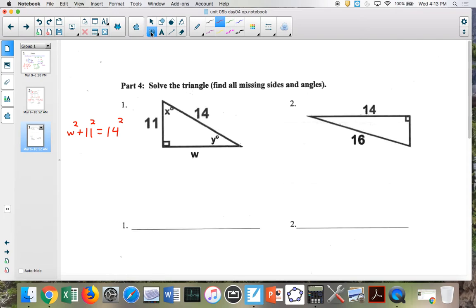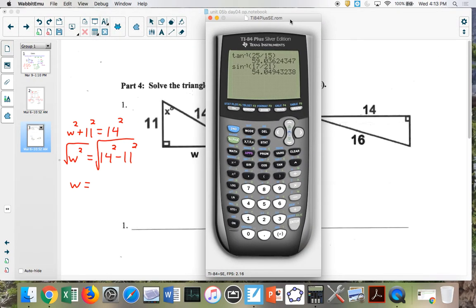So once again, I'll grab the calculator, I'll do 14 squared, 196. I'll do 11 squared, 121. I'll subtract the 121 from both sides. And then I'll take the square root of that answer to get what W equals. So W is going to equal the square root of 14 squared minus 11 squared.